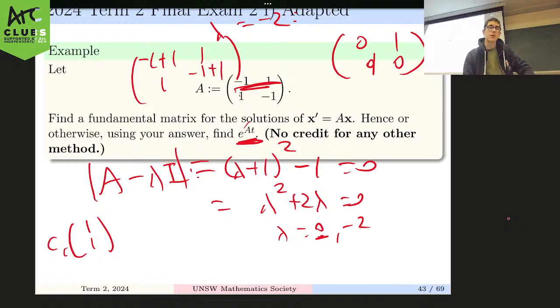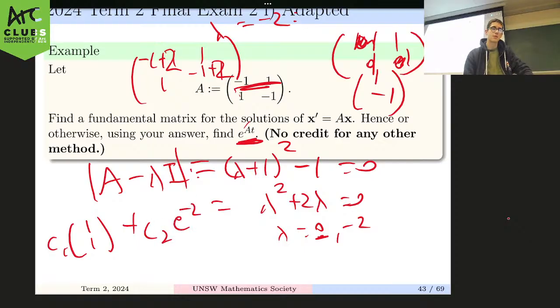Need 2. Oh, yeah, plus 2. So this would be (1, 1). Okay, so we need (1, -1). So this is what it will be, plus c2 e to the -2t times (1, -1).